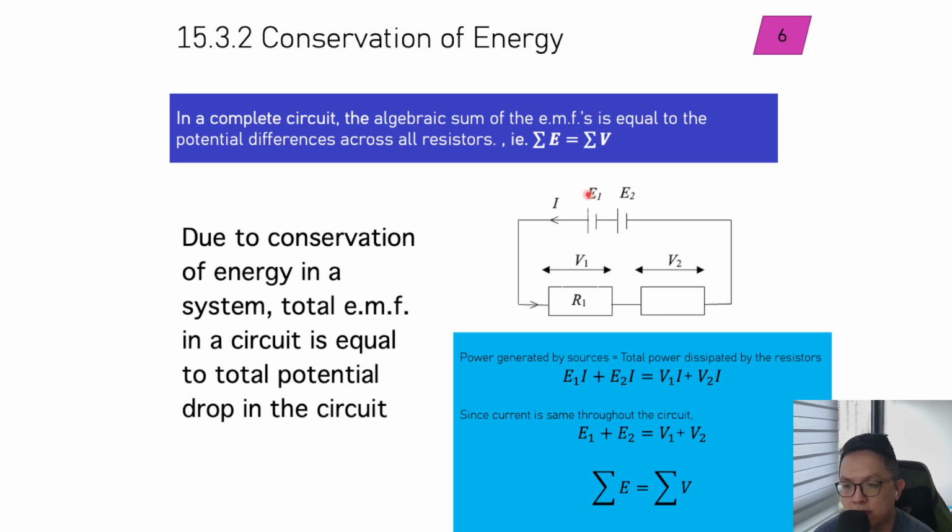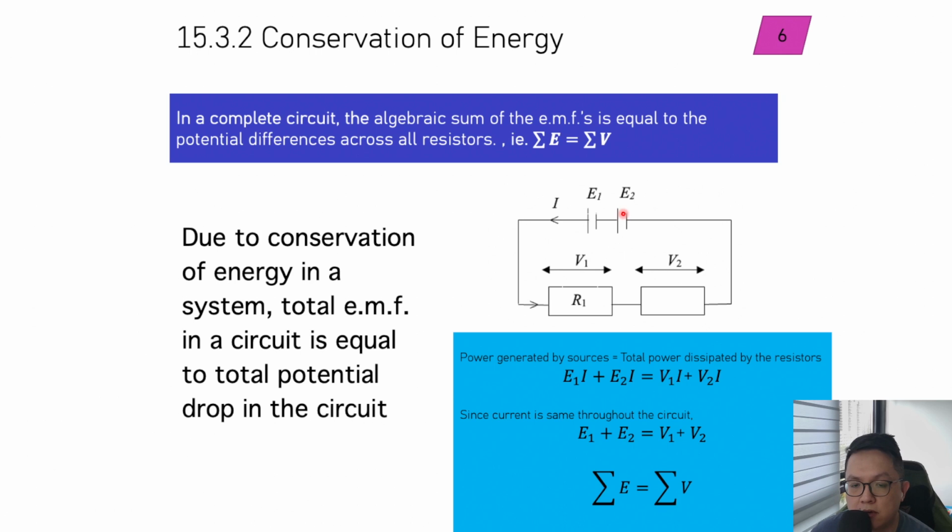Remember, the cells are converting potential energy, usually chemical potential energy, to electrical energy. The amount of electrical energy they provided will be dissipated across these two resistors, R1 and R2. So the total energy dropped by these two must be equal to the total energy provided by E1 and E2.